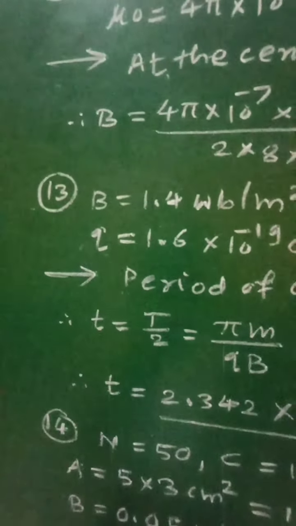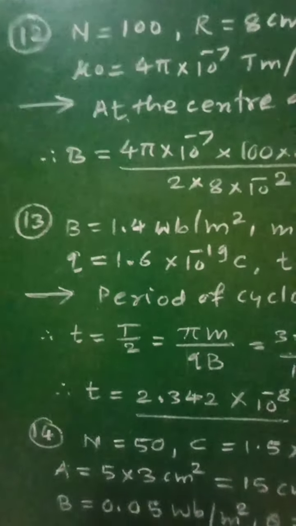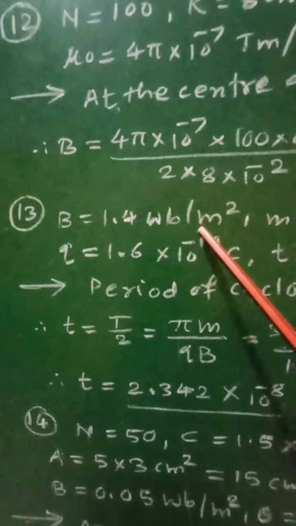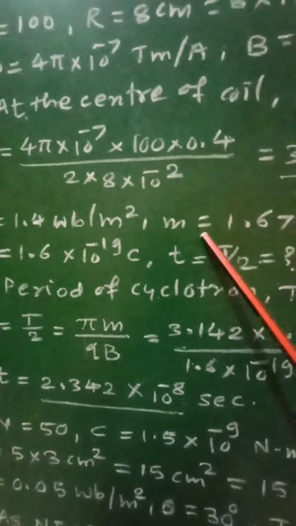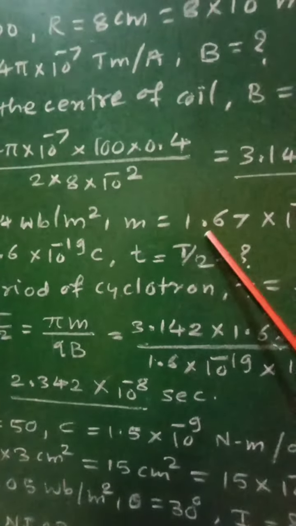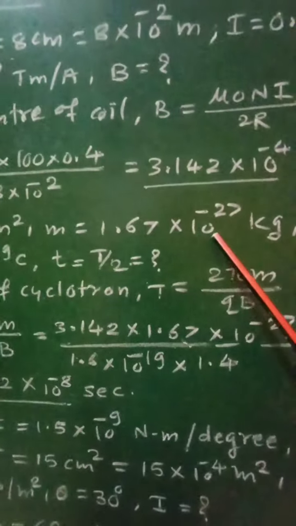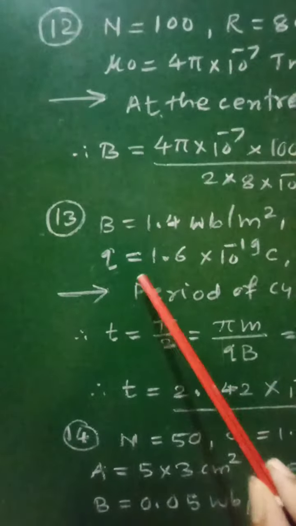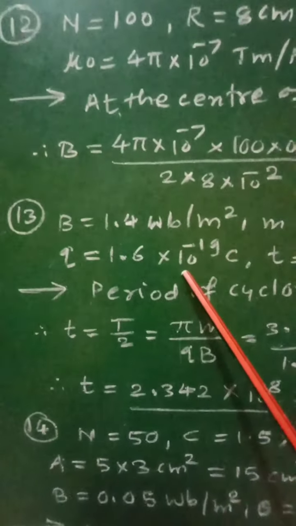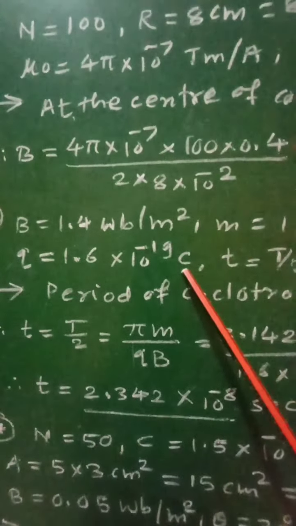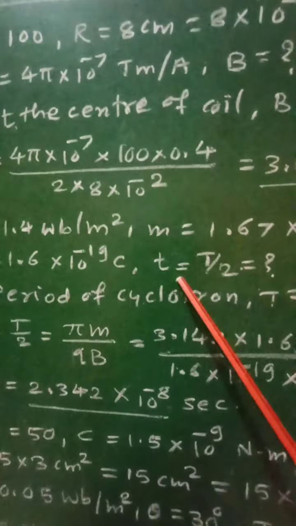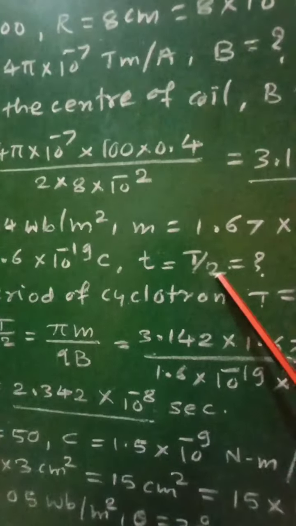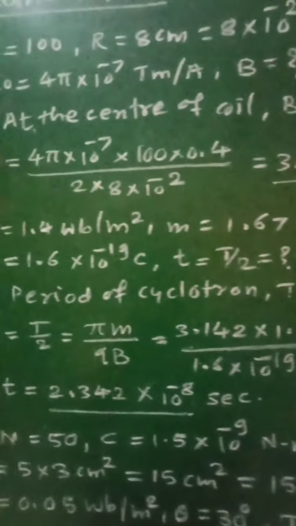The given data is B equal to 1.4 Weber per meter square, m, that is mass of proton, equal to 1.67 into 10 raised to minus 27 kilogram. Then charge Q is equal to 1.6 into 10 raised to minus 19 coulomb. And we have to find out the time interval t, which will be equal to half of the period, that is T by 2 equal to question mark.